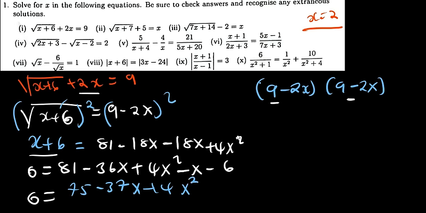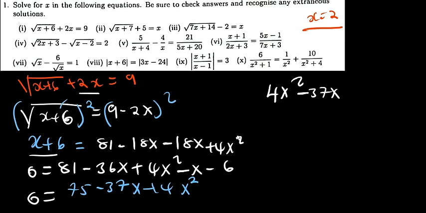So I rewrite that: 4x squared minus 37x plus 75 is equal to 0.